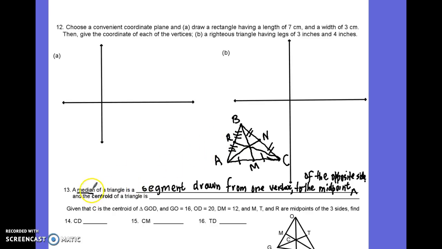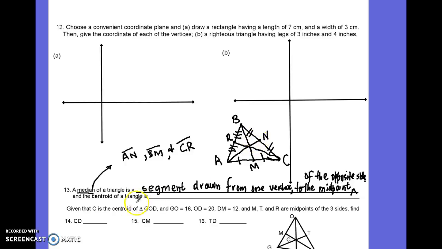So the medians would be AN, segment AN, that'll be one. Another one would be BM, and the third one would be CR. There are only three of them because we only have three vertices in a triangle.